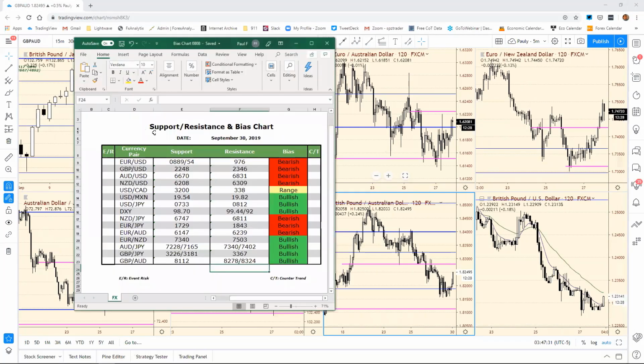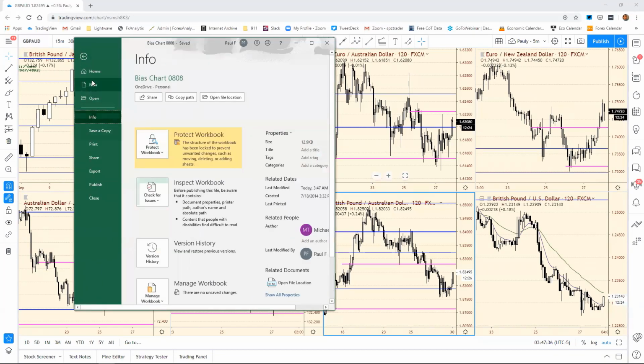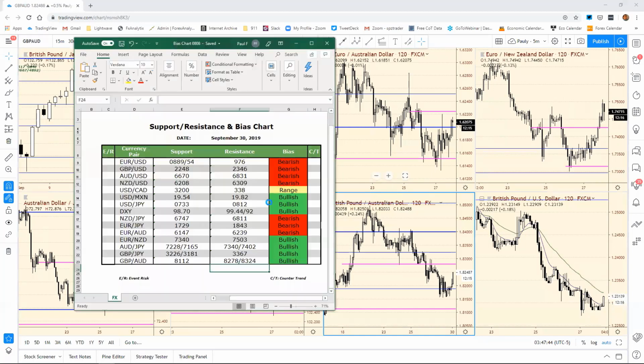So there's the bias chart for today. And taking a look, let's move into another screen.